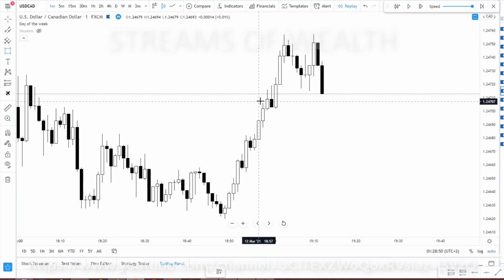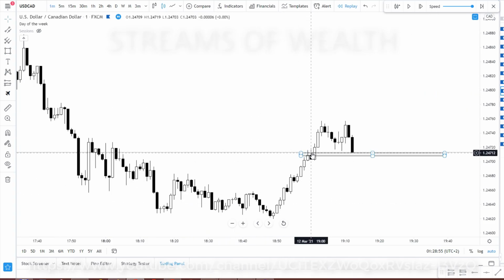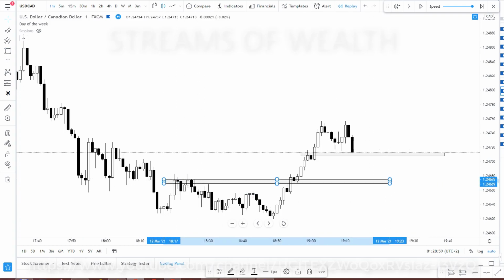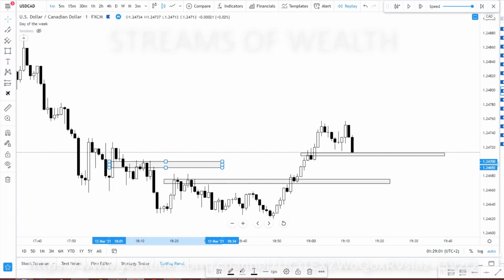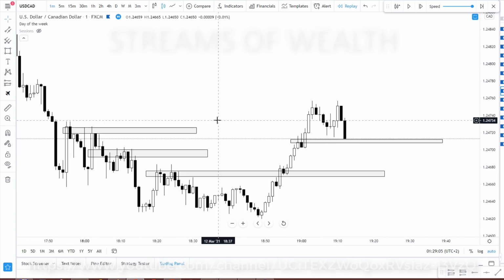So we had this structure to be formed, and we break all of these. As you can see, we break this, and we even break this. So that is indicating to me that the market will most likely go up, and we don't need it to go up a lot because we are basing our trade on 1 hour.